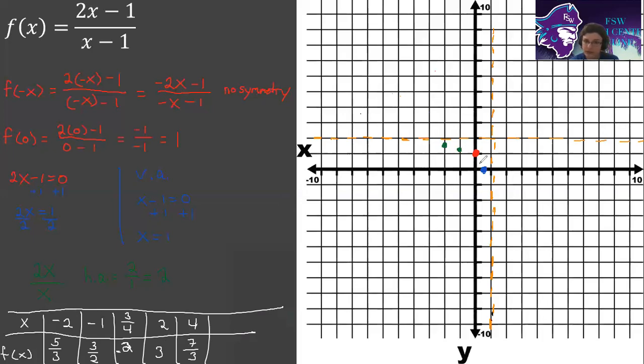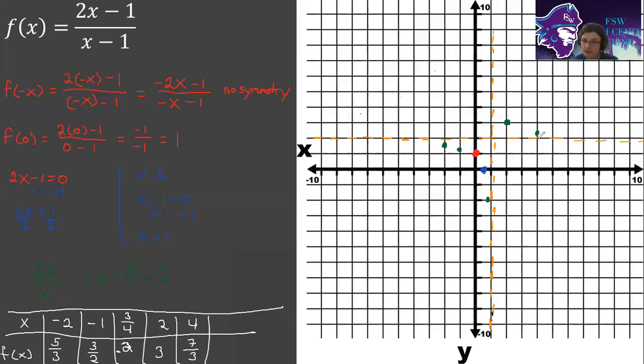At 3/4, so a little bit after the x-intercept, we get -2. At +2, we get a +3. And at +4, we get 7/3, like so.